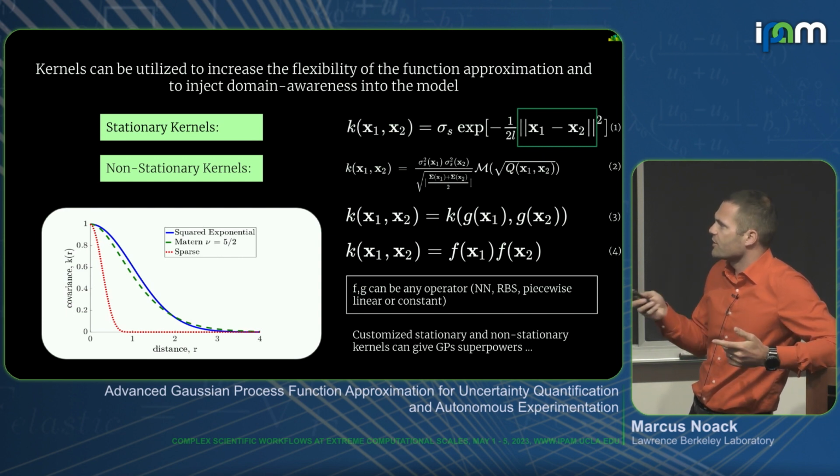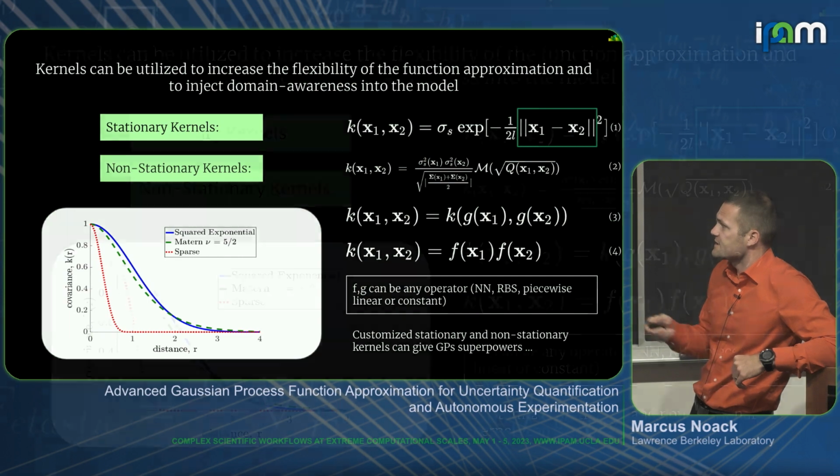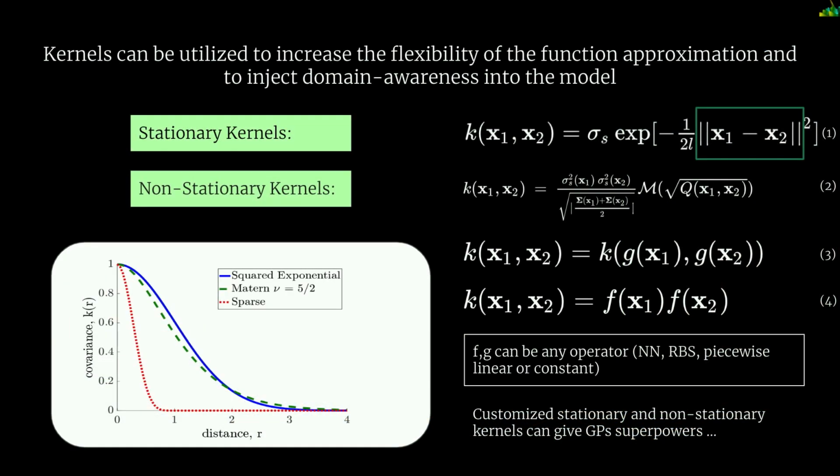And kernel number 4 is one of my favorites. It's just a product of a function applied to x1 and applied to x2. And you actually see that kernel number 4 is in kernel number 2 as the signal variance. So that's a really cool kernel that you can combine in so many different ways with other kernels.